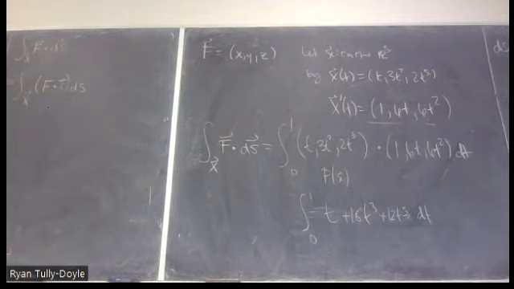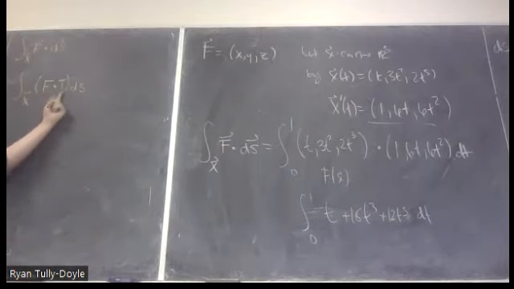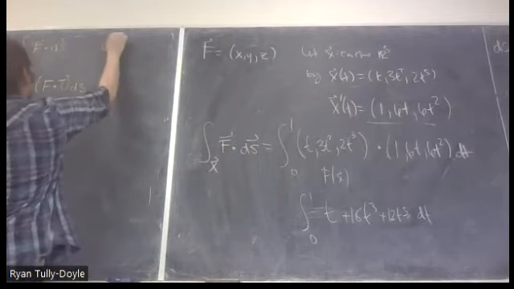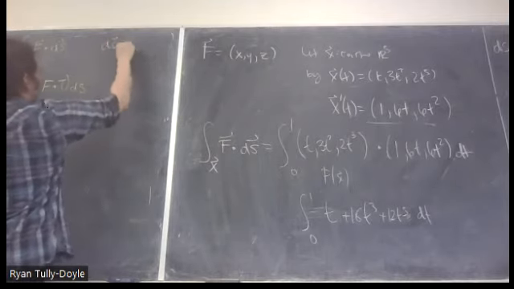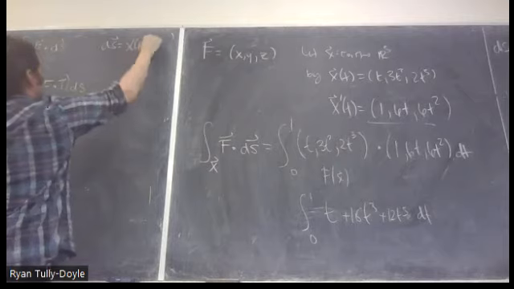Now, from a physical standpoint, that should make sense because ds cuts the path up into little pieces. T keeps track of the direction that we're moving, and T dot f encodes how much of f points in the direction of T. Now, if you want to know why that's true, remember that ds is equal to x'(t) dt.